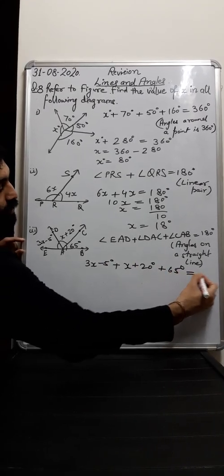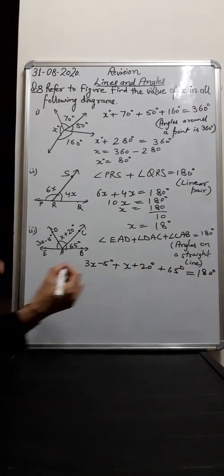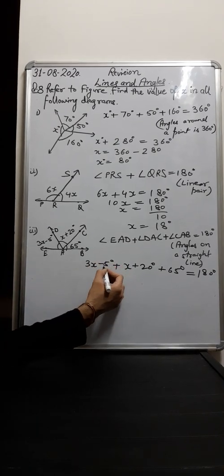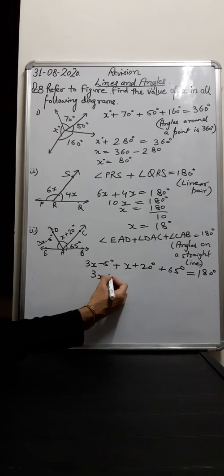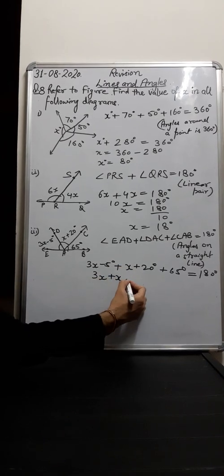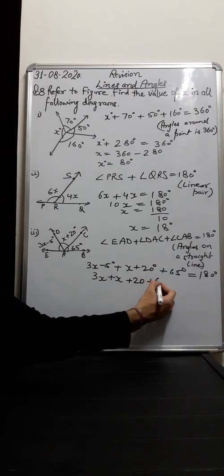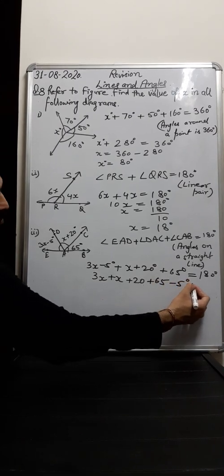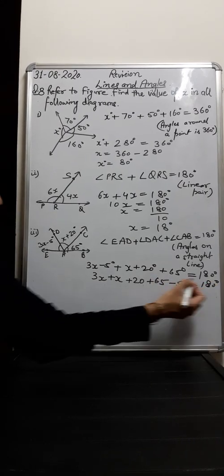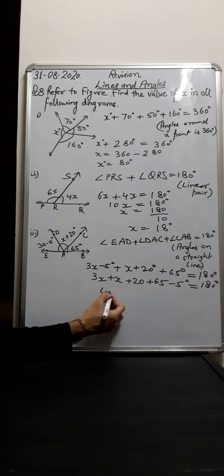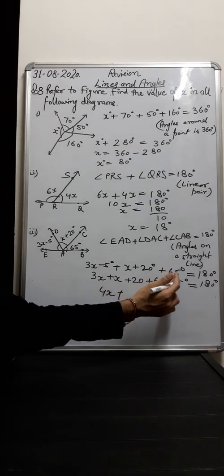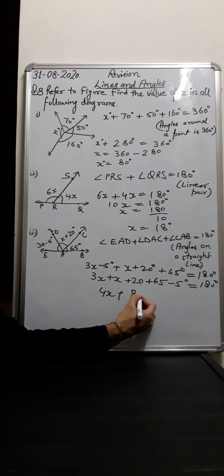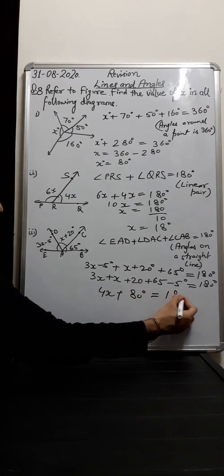So angle EAD equals 3x minus 5 degrees, plus DAC is x plus 20 degrees, and CAB is 65 degrees, equal to 180 degrees. Here we are going to add the like terms. 3x and x are like terms, plus 20 plus 65 minus 5 degrees equal to 180 degrees. So 3x plus x gives you 4x, plus 85 minus 5 gives you 80 degrees, equal to 180 degrees.